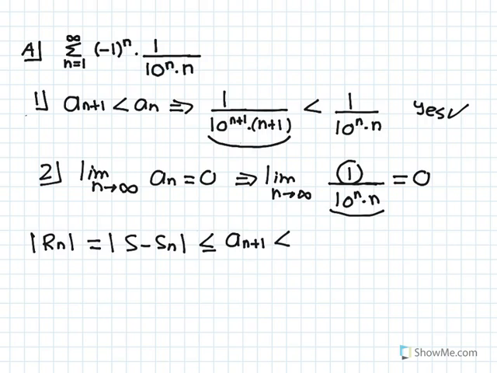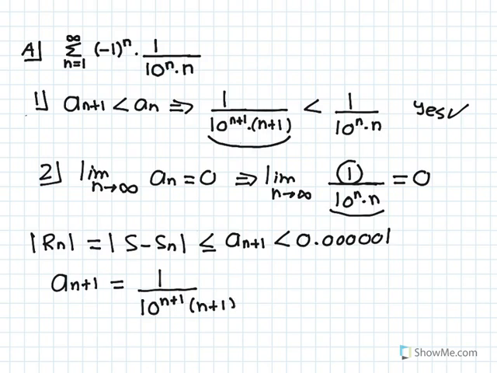And we'll make this less than 10 to the power of minus 6, 0.000001, five zeros and a 1. So a(n+1), the n plus 1th term, is equal to 1 divided by, substituting n plus 1, 10 to the n plus 1 times n plus 1. And we'll make this less than 10 to the minus 6.